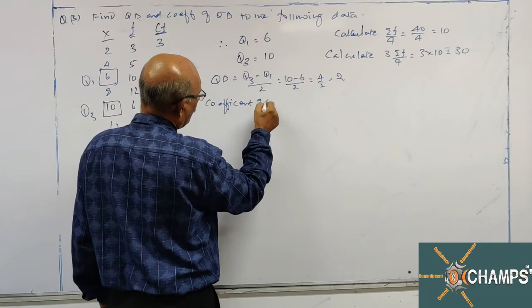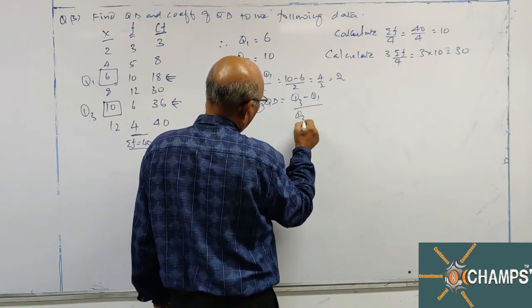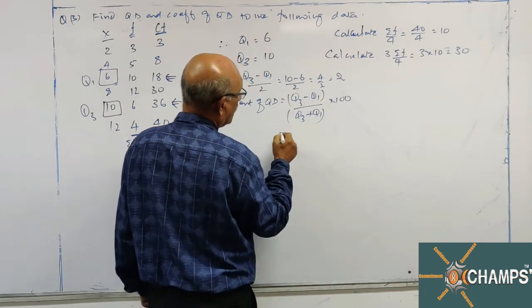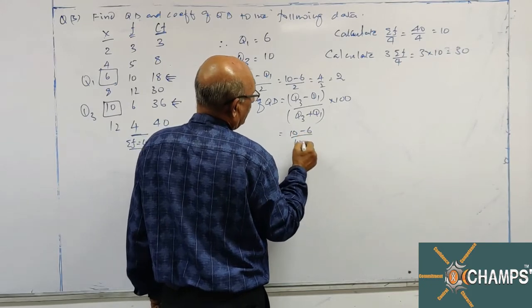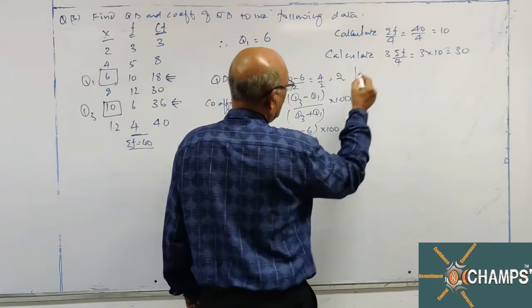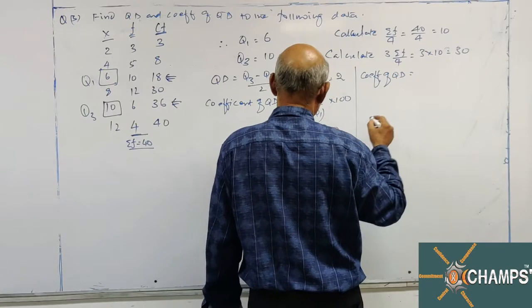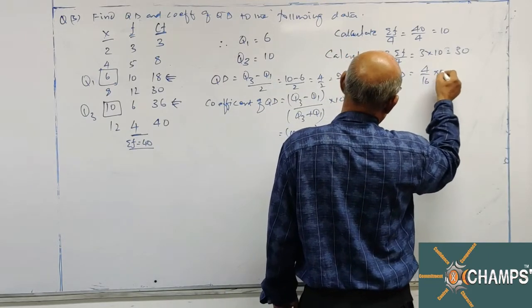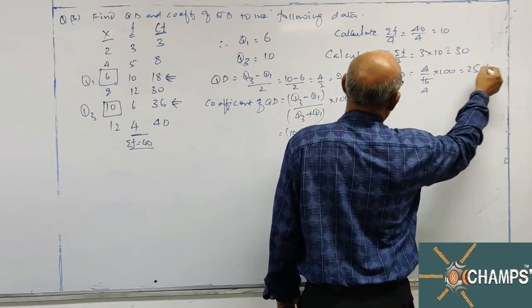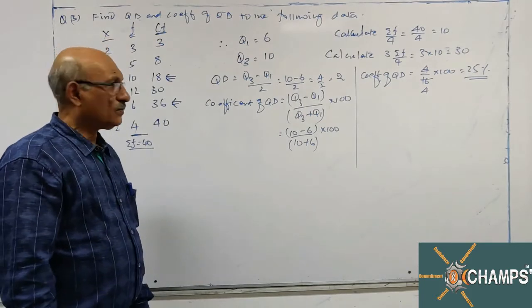Coefficient of QD is equal to Q3 minus Q1 divided by Q3 plus Q1 into 100. 10 minus 6 divided by 10 plus 6 into 100, which is 4 divided by 16 into 100. 4 will go 4 times. It is 25%. The coefficient of quartile deviation is 25%.